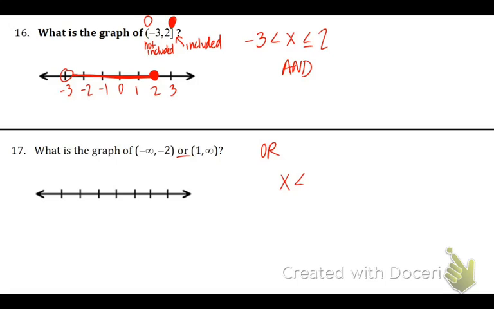They're all parentheses again, so that means there's no line underneath. X is greater than 1. So now let's label our graph. We have -3. Open circle on the -2, shaded towards the left. And open circle on the +1, shaded towards the right.